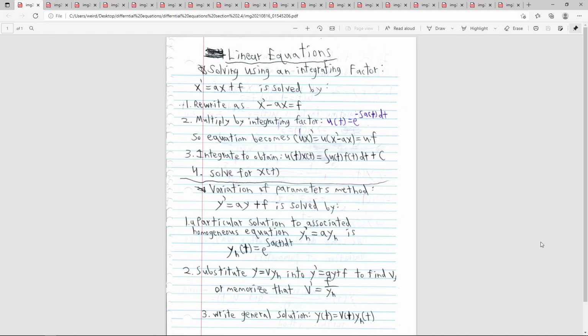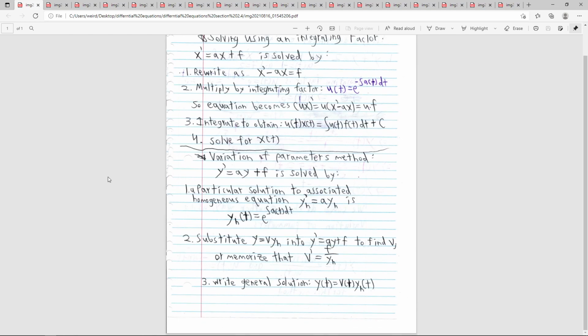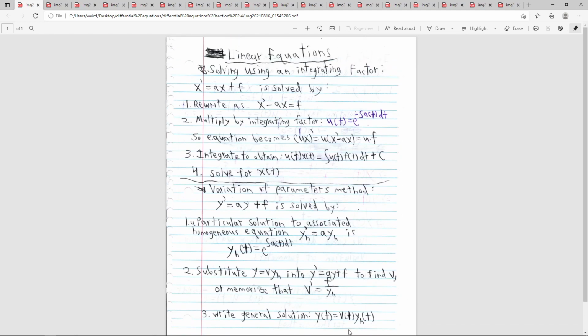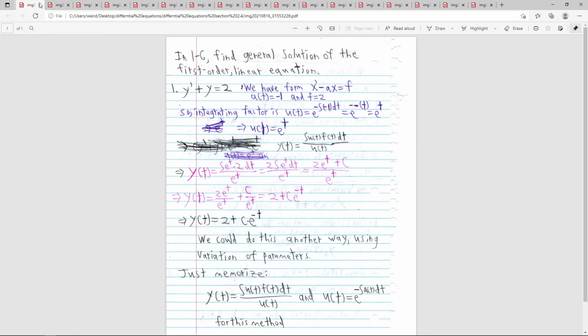I prefer being comfortable with the integrating factor, because as long as you remember a couple of things about it, it's more straightforward. Variation of parameters has all these steps, but seeing it is more important.